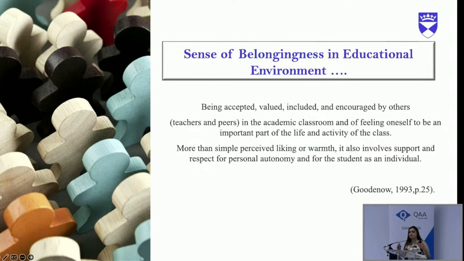But I would recommend saying that it's not only teachers and peers, it also includes the professional services staff, everything around you in the institution. In the academic classroom, it is also feeling oneself to be an important part of the life and activity of the class. More than simple perceived warmth, it also involves support and respect of personal autonomy, and for the students as individuals.